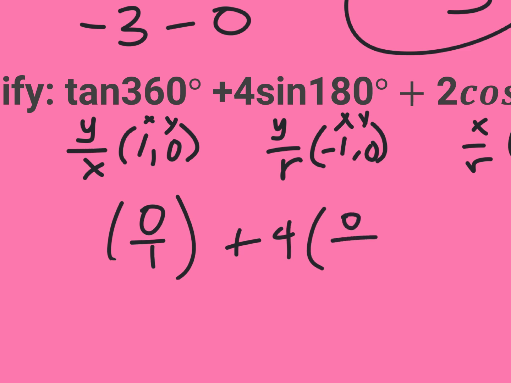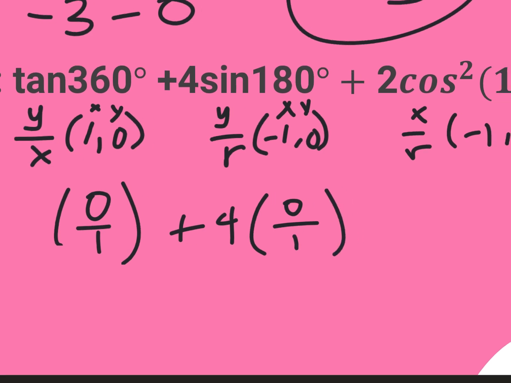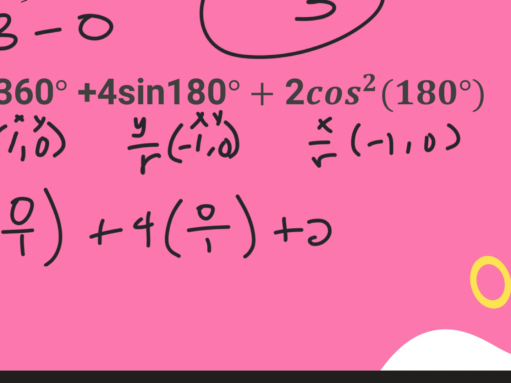Since I'm on a quadrant, what do I know my R value is? Positive what? 1. Good. If it's on the quadrants, yeah. Because when you work it out, think about it. If you take negative 1 squared plus 0 squared, you get 1. And then you take the square root, you get 1. And then the last one, it says plus 2 times, what's cosine? What over what?